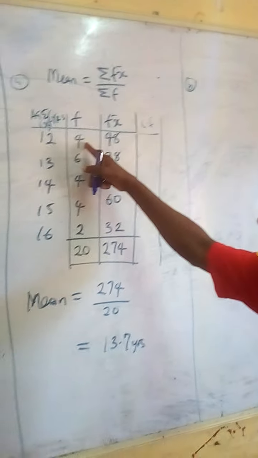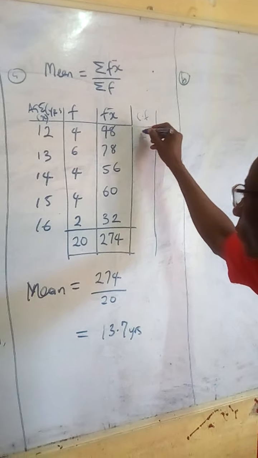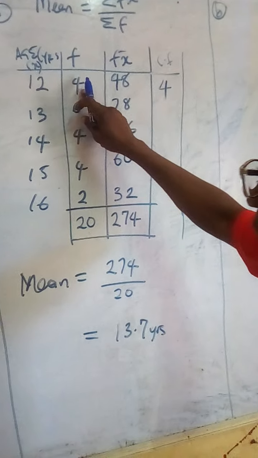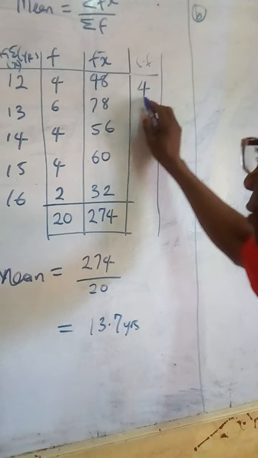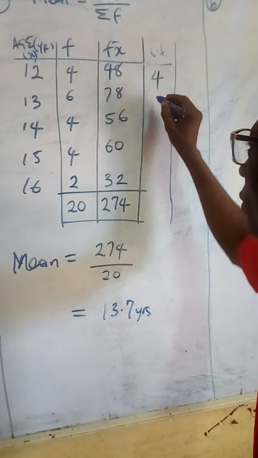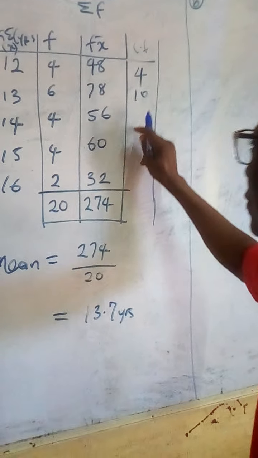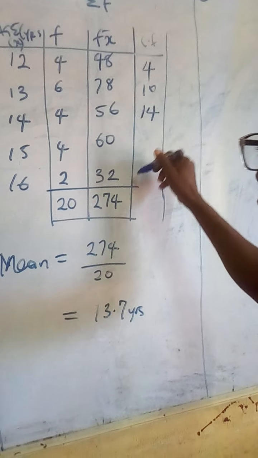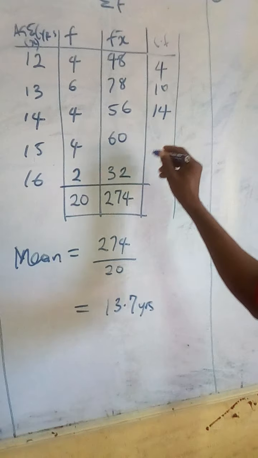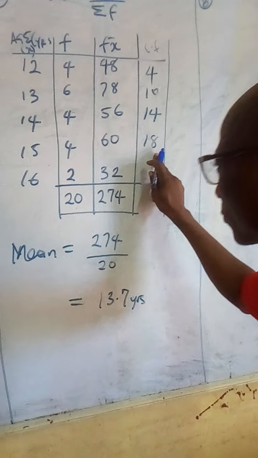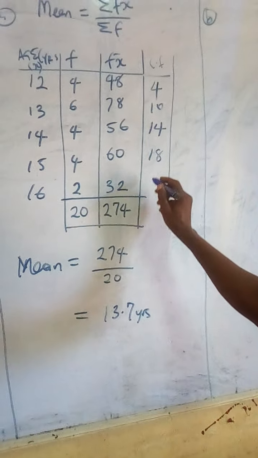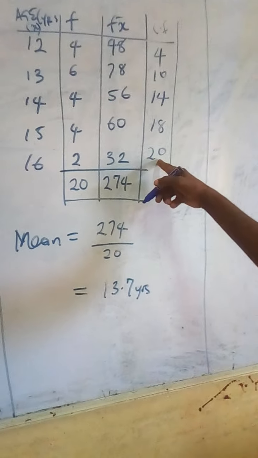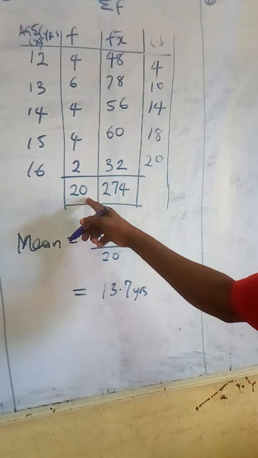The first cumulative frequency is the first frequency, 4. Now you add that to the second, 4 plus 6, that will give us 10. 10 plus the next one, 4, gives us 14. 14 plus the next frequency, that's 18. 18 plus the last frequency gives us 20. To know if you are correct, the last cumulative frequency must be the total number of what?